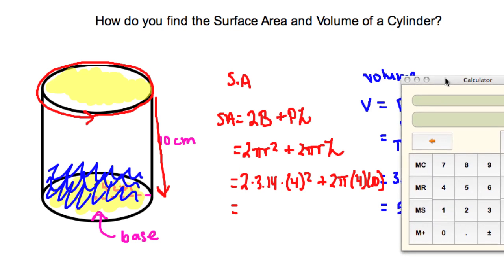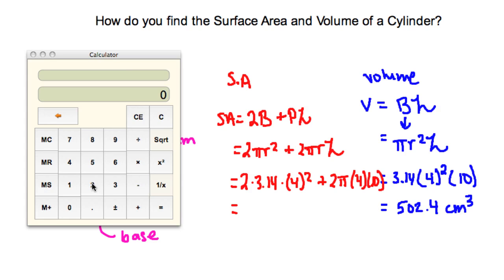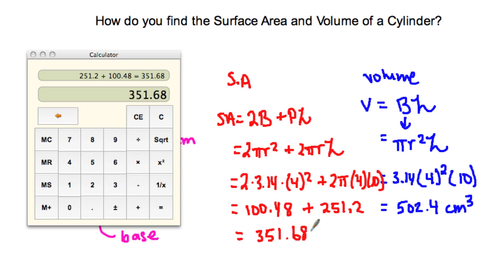I'm going to work this out with my calculator. 2 times 3.14 times 4 times 4 equals 100.48 plus 2 times 3.14 times 4 times 10, 251.2, and now I'll just add those together, which gives me 351.68 centimeters, and it's area, so squared.